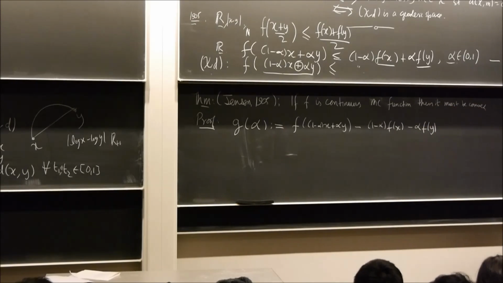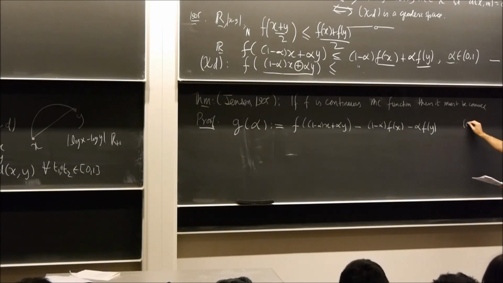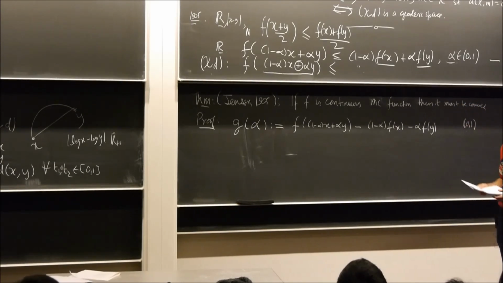If that inequality fails somewhere, then clearly there is some alpha, actually strictly inside 0, 1, where this function g of alpha is going to be strictly positive, right? So the maximum value that g of alpha can take in that interval is going to be strictly positive, because this thing is violated.